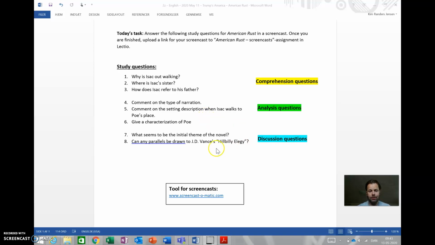Finally, the discussion questions, which is where you discuss whatever findings you have from your analysis. Question 7 asks us, what seems to be the initial theme of the novel? Well, the initial theme of the novel is the American Rust Belt, the industrial wastelands that have been left behind because of globalization, because of the loss of trade for these areas, and how that affects the people living there.